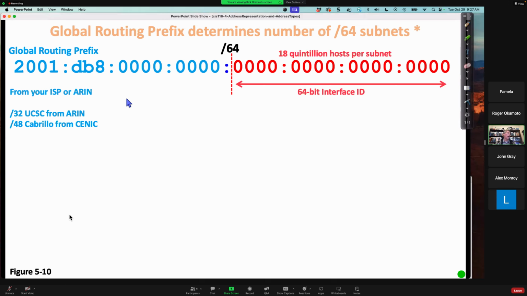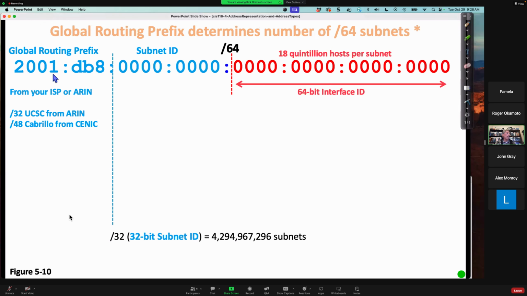So let's say our ISP gives us, at UCSC, they got a global routing prefix, and I'll show you the exact addresses on Thursday. They got the first 32 bits, first 8 hexadecimal digits. That is their IPv6 global routing prefix. This is how the internet sees them.